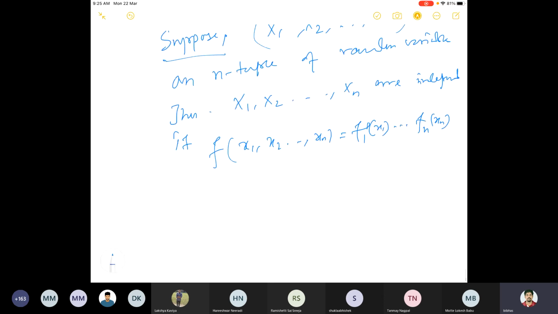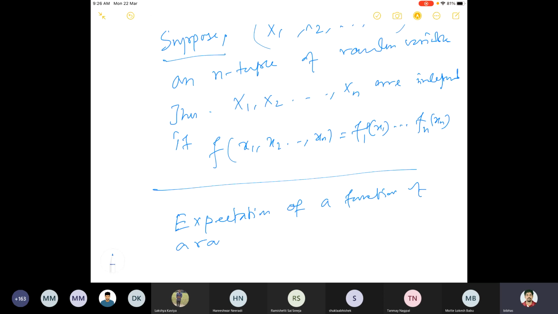So first, let's talk about expectation of a pair of random variables, or the way we define it, the expectation of a function of a pair of random variables.